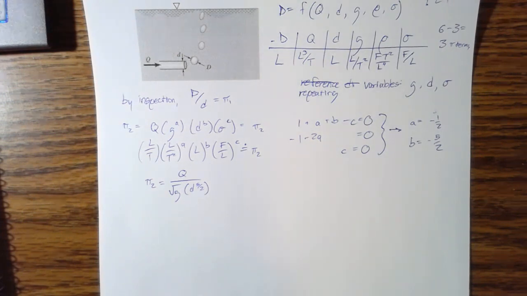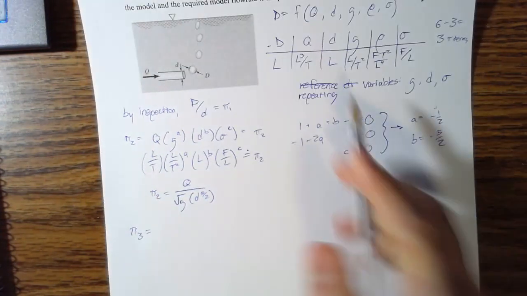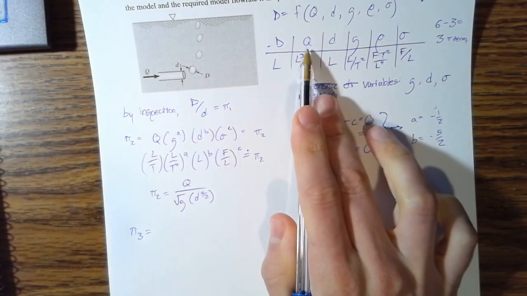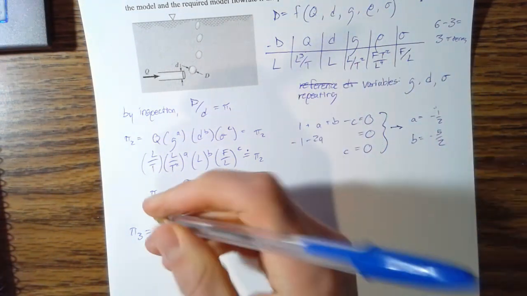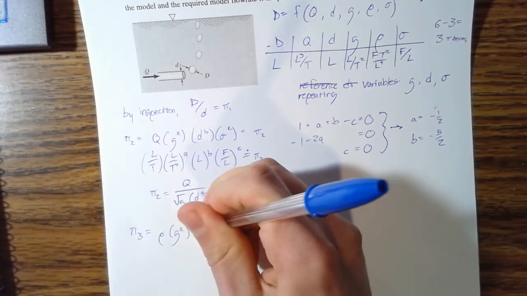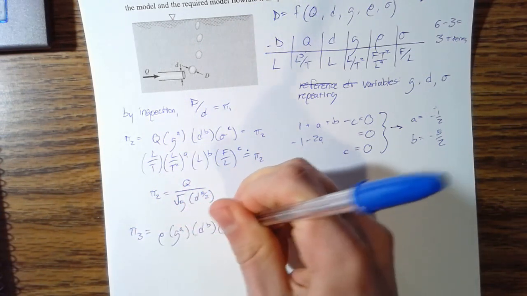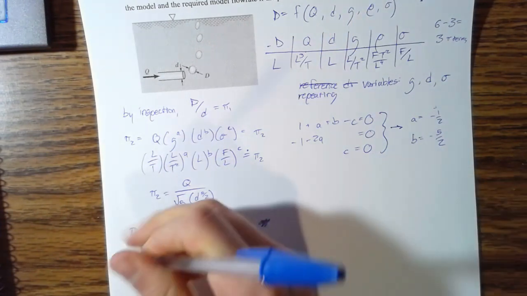What do we have next? All right, pi 3. So we've used D and q, and the one we're left with is rho. So rho, g to the a, d to the b, sigma to the c is pi 3. Well, I wrote that over there.